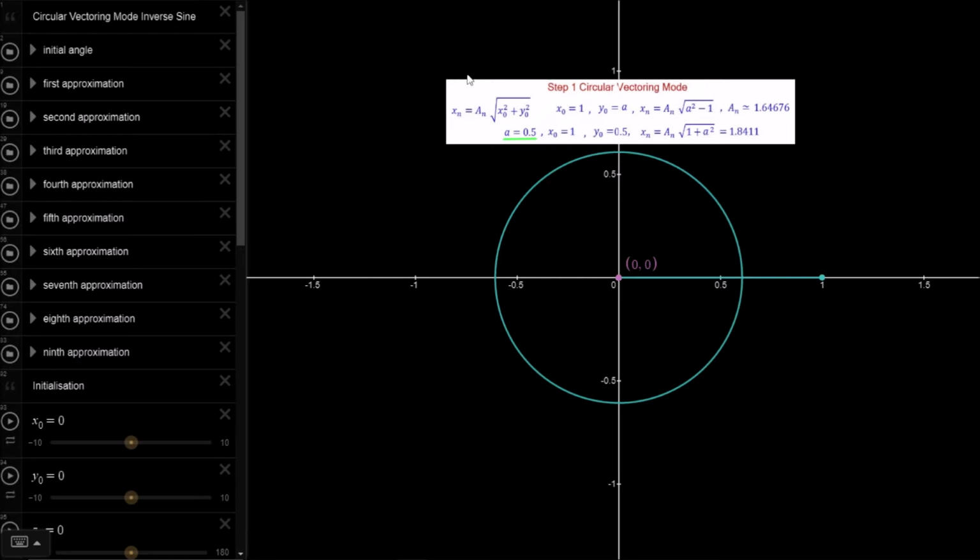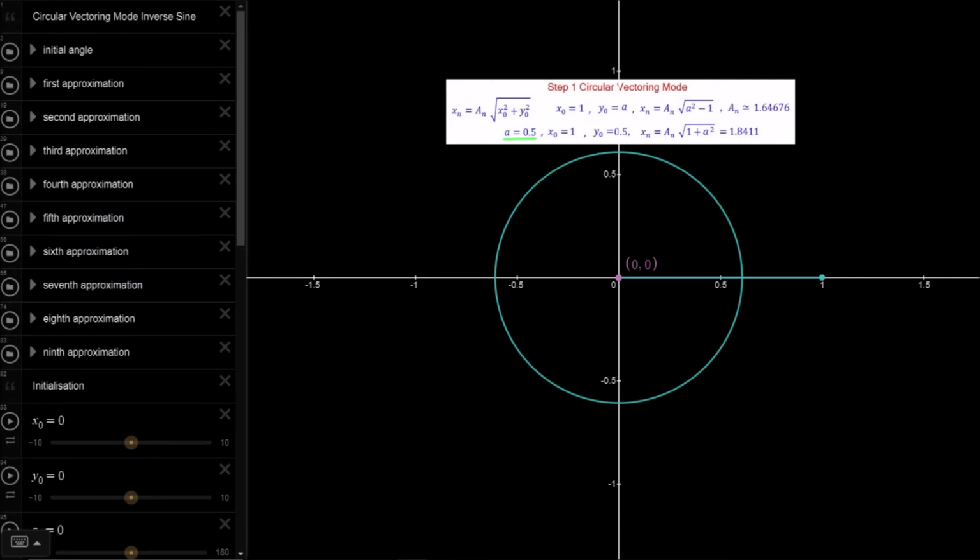Now I've picked out one simulation in particular, and at the very top here you'll see it's got a name, and it says circular vectoring mode inverse sine. Now this is the simulation that I used in order to work out the inverse sine of a function using the vectoring mode. So the first line you'll have at the top here is always a description of what the simulation is doing.